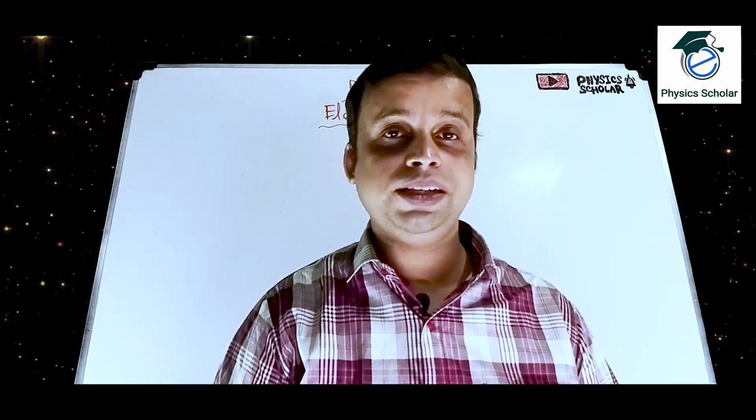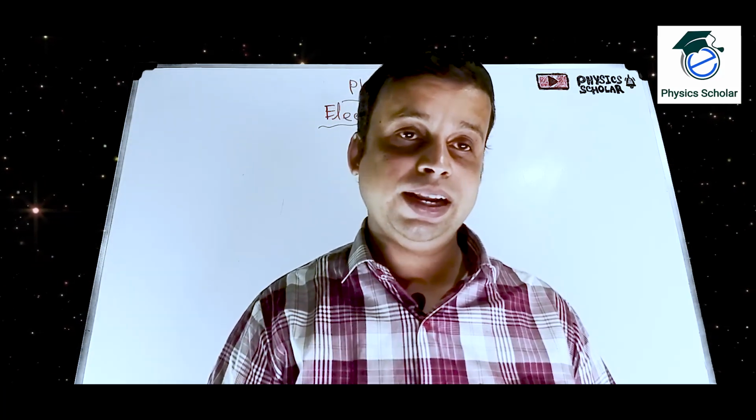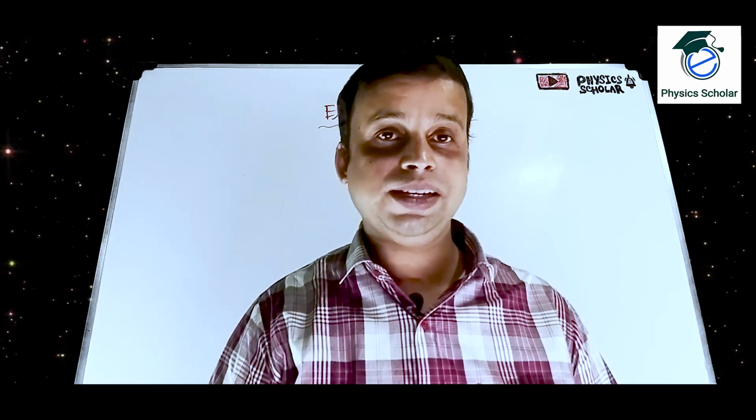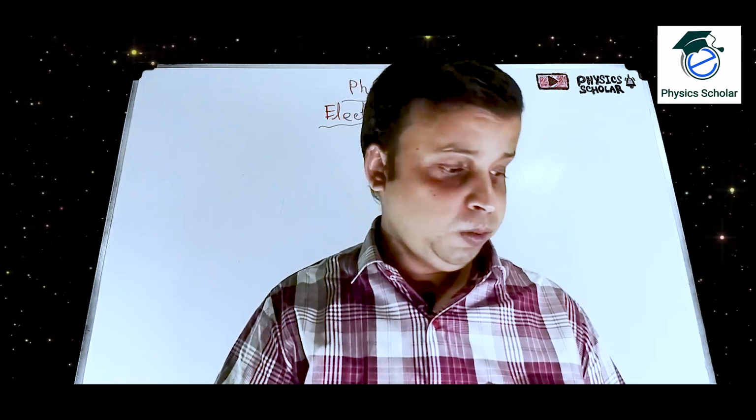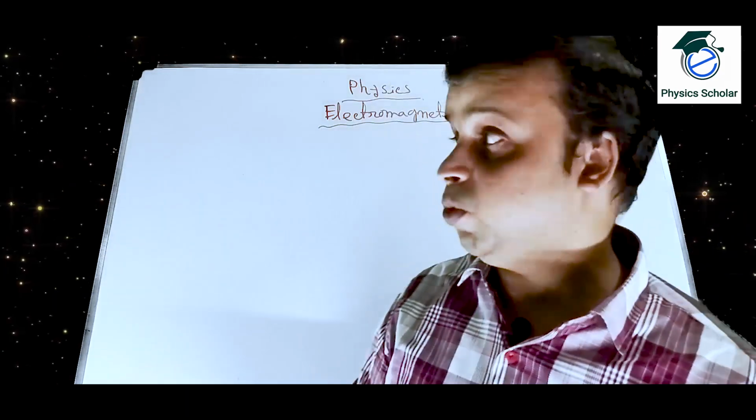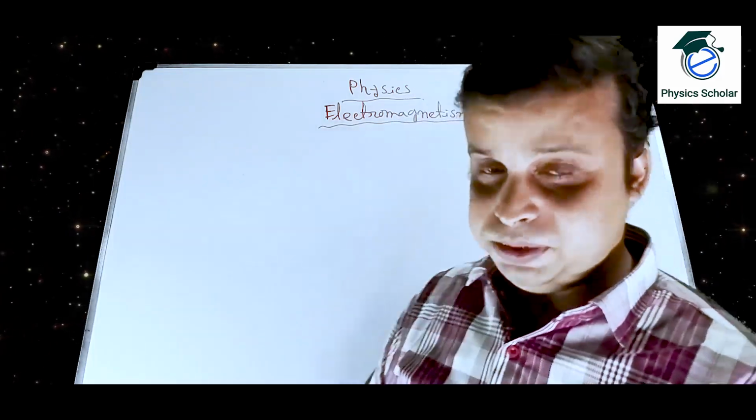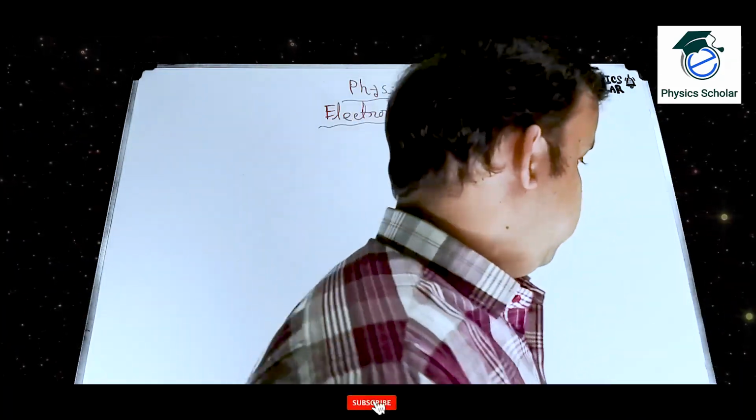We can see the deflection of the magnet due to the current carrying conductor. So that we have already discussed. Now today moving to the next point on the same chapter. So let us move.